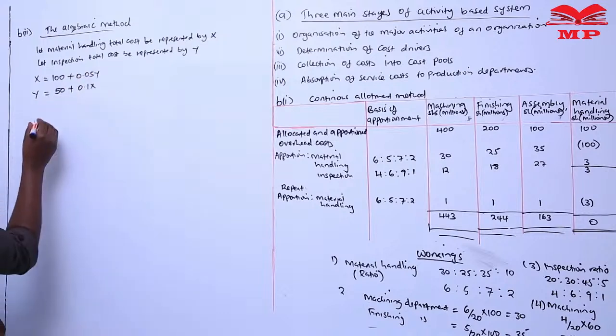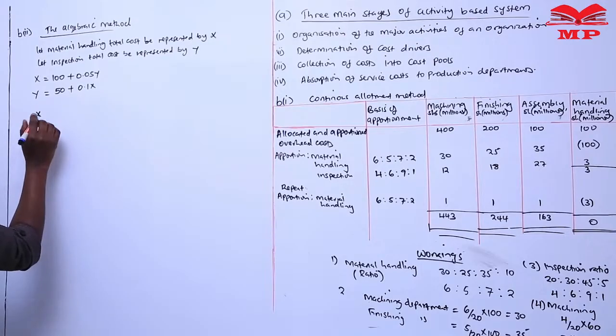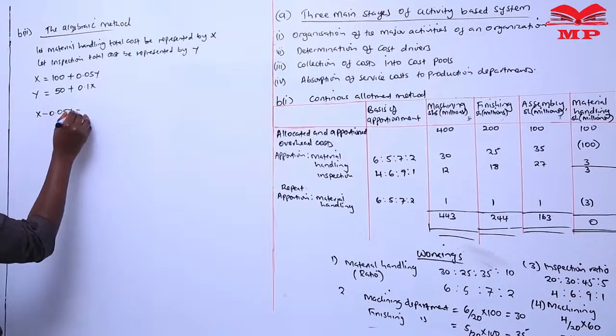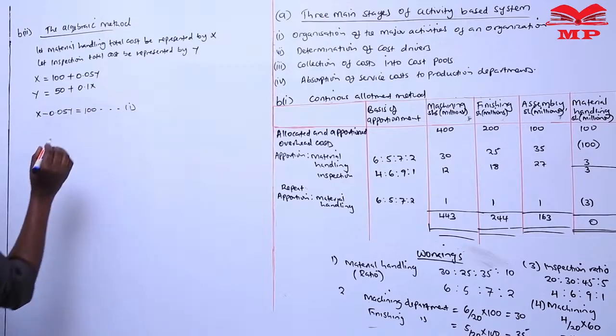Then we rearrange the equation into simultaneous format. So to rearrange this, we'll have x minus, taking this to the other side, 0.05 y, which equals 100. And this will become our equation number 1.